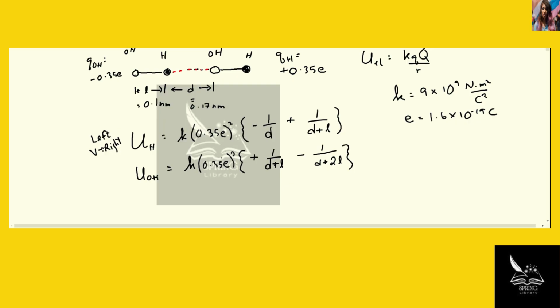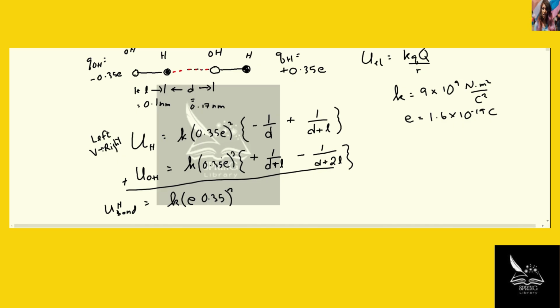Okay, and putting that all together, the total energy of the hydrogen bond is just the addition of those two ends of the molecule interacting with the other one, and we get a common factor out front.